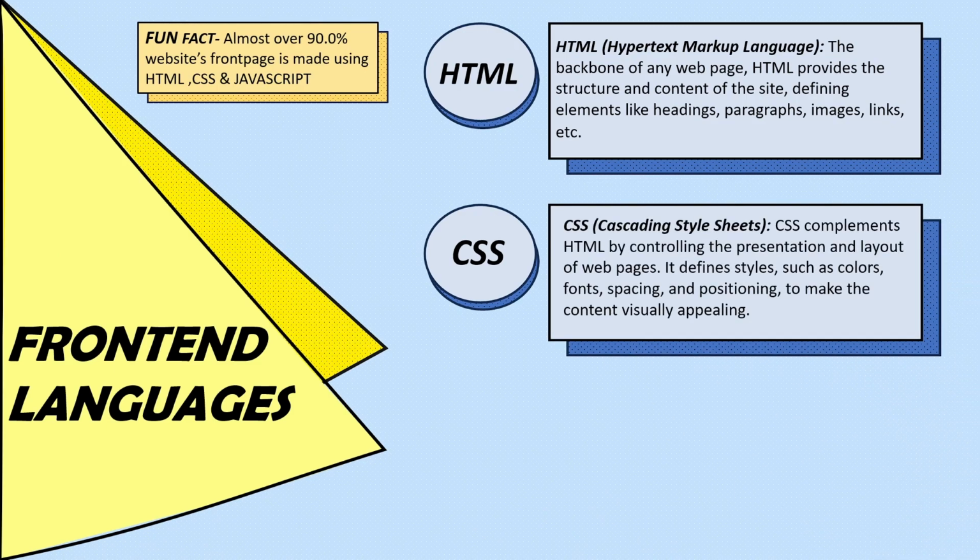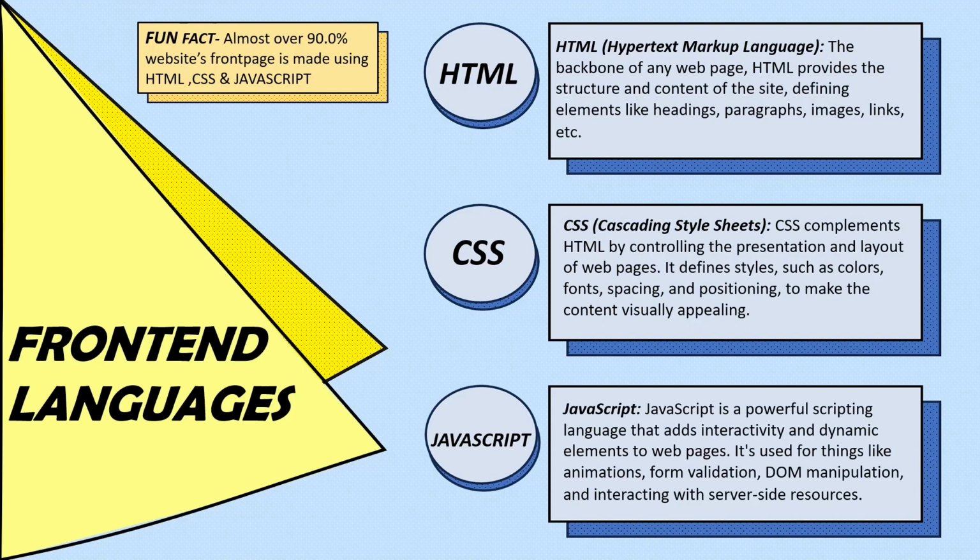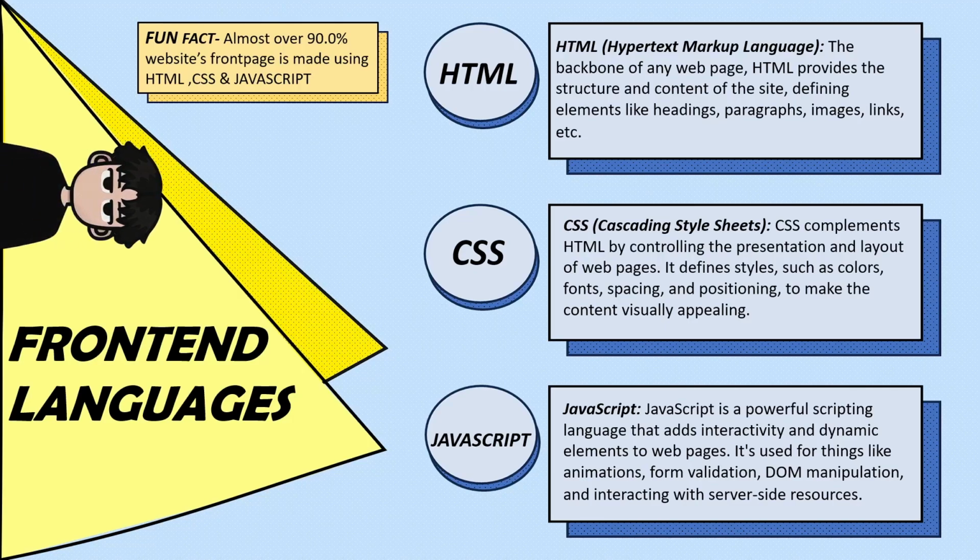CSS complements HTML by controlling the presentation and layout of the web page. It defines styles such as color, font, spacing, and positioning to make the content visually appealing. Then the majorly used JavaScript. Imagine HTML is the skeletal body of a human, CSS is the flesh, and JavaScript is the nervous system. So most of the things like animation and other things are done by JavaScript.